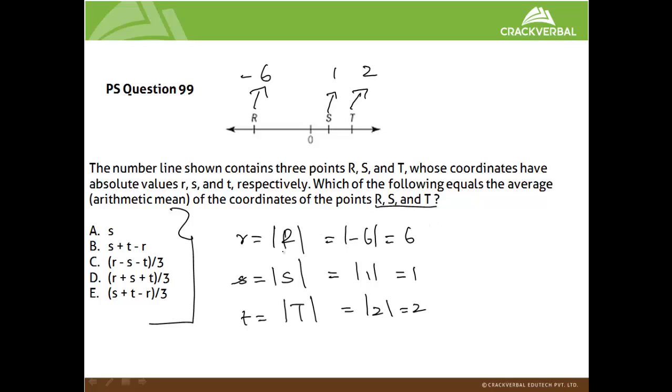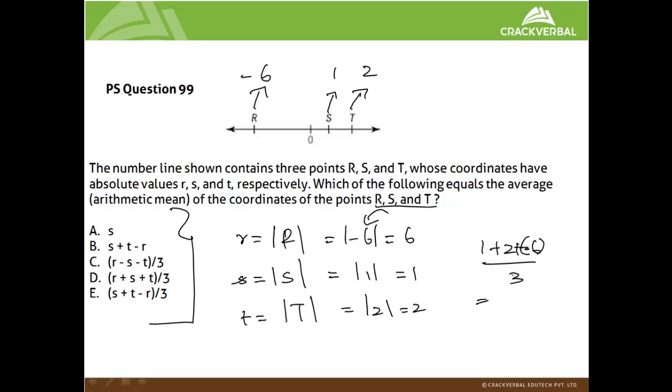Since R is on the left-hand side of the number line, when we are finding the average we have to consider the negative R. R is less than 0, so we have to consider negative R. In that case, finding the average is 1 plus 2 minus 6 divided by 3, that is nothing but plus of minus 6 because R is negative.